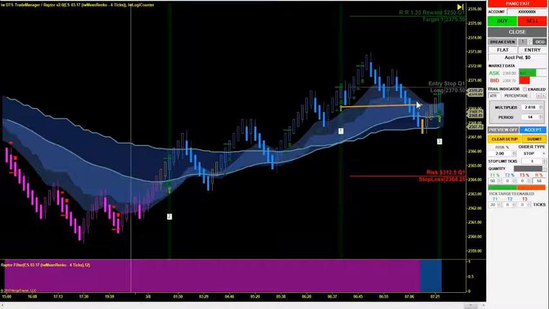Now if you had gone with the full capitalization, you would have been stopped out for a $300 loss right there. If you had taken just a single contract, you would have been stopped out for $70, $80. All right? But here's the point. This stop loss is not a loss until it gets hit.